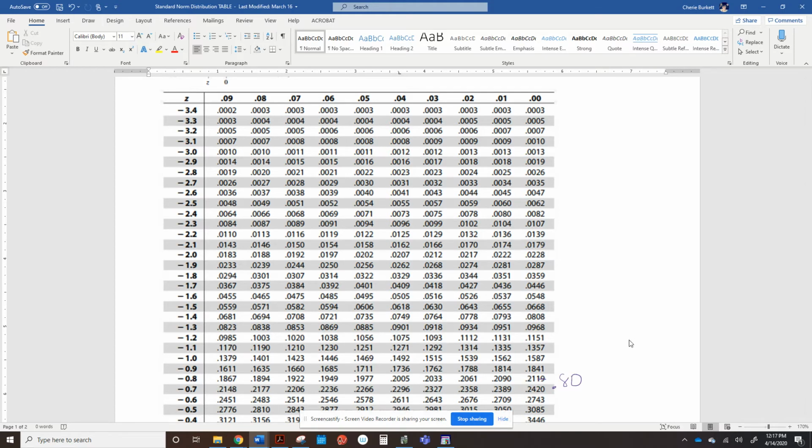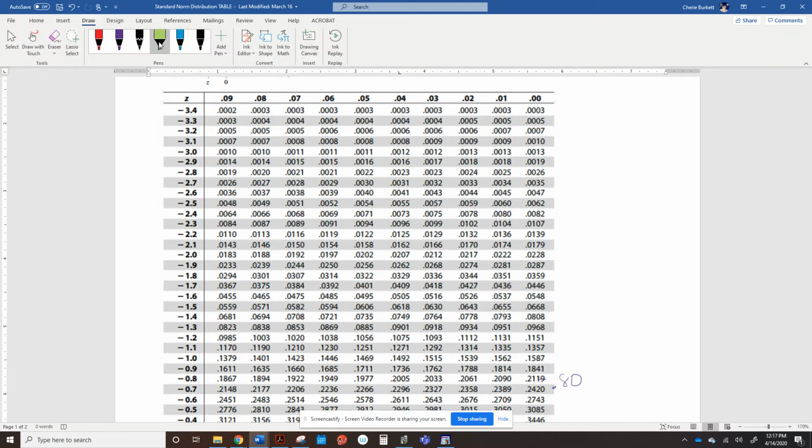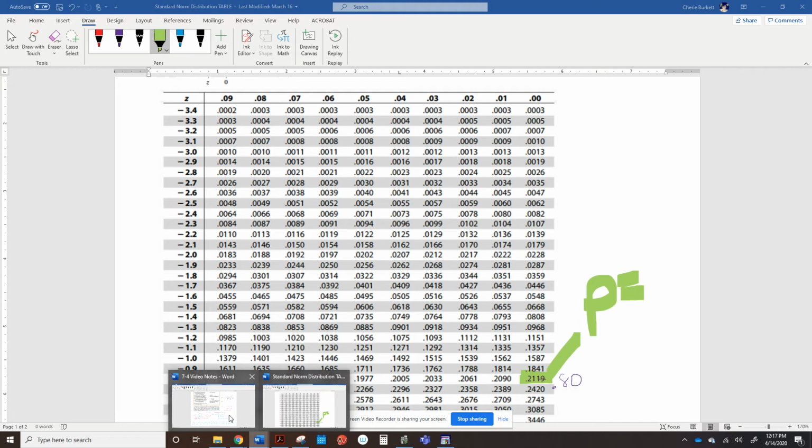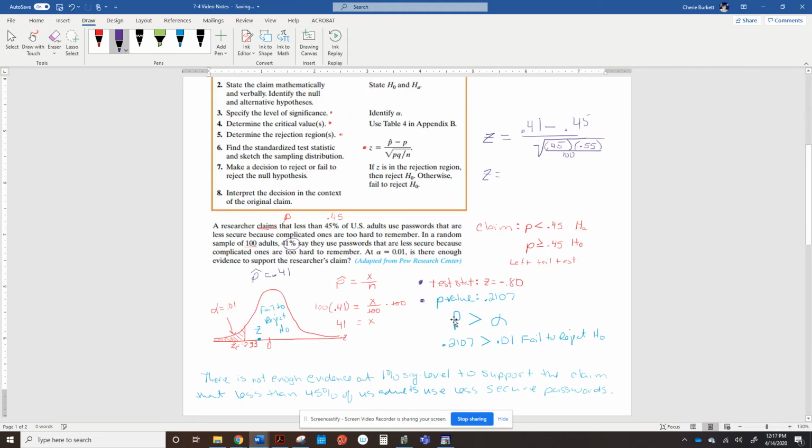So this number right here, negative 0.8 and 0, this is the number that I'm interested in. That is, what did I just find? That number right there is my P value. So, and don't get that confused with the proportion. I'm talking about this P value right here, my P value.